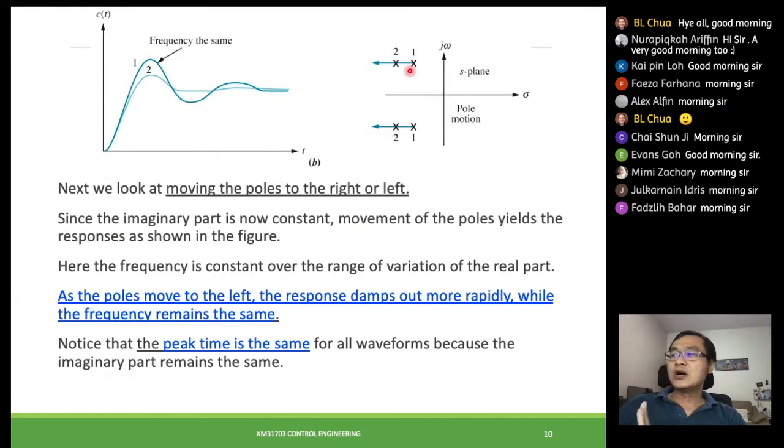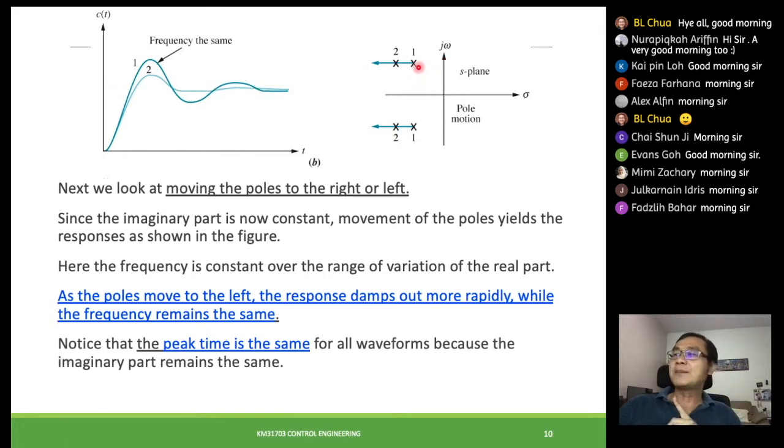Then we also see what happens if we shift these pole positions from the right hand side to the left hand side. Then we can see that the real value now increases in the negative direction, right? When this value increases, remember, vertically we are controlling the frequency, so because the imaginary part remains the same, the frequency remains the same.